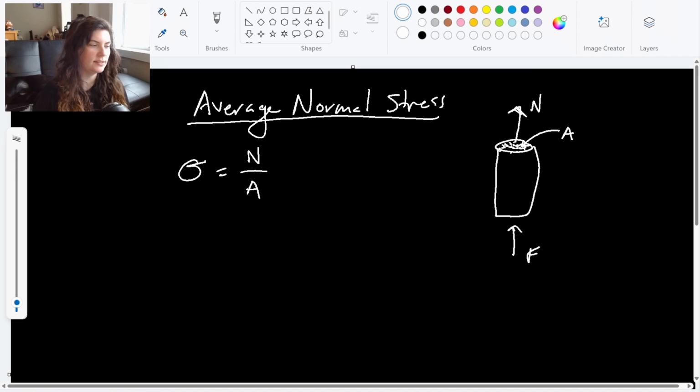Otherwise, we would do some limits and some calculus to get a little bit more of an integrated type answer, but for our purposes, this average normal stress is going to work well for us right now. So this average normal stress, again, is just the normal force over the area.